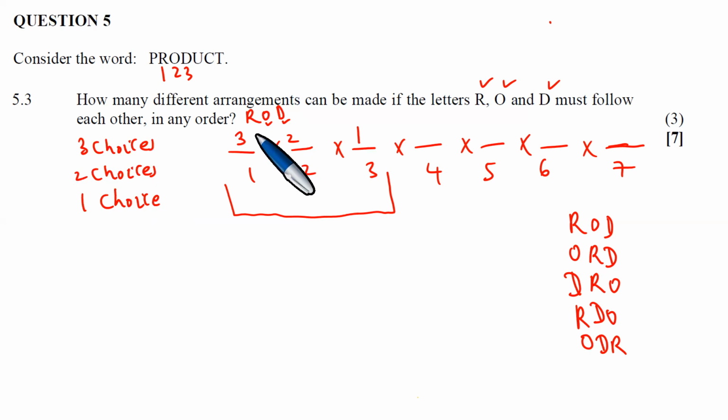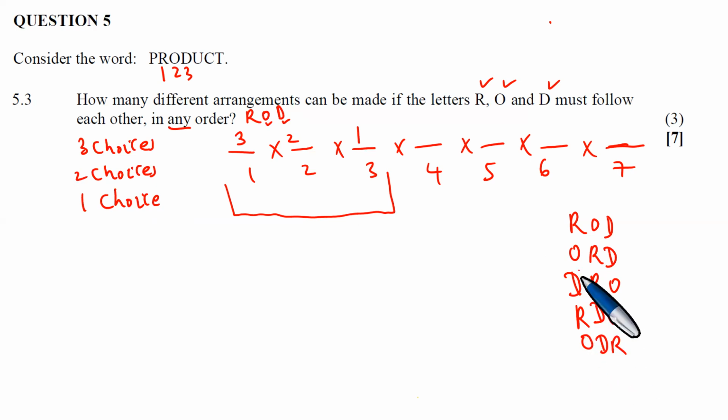Now, how many different arrangements can be made if the letters must follow each other in any order? Any order. So you can start with the R, you can start with the O. Normally we don't write all these possible combinations.